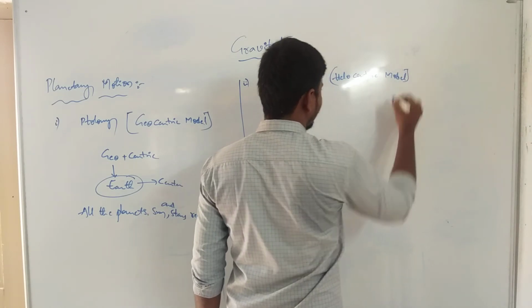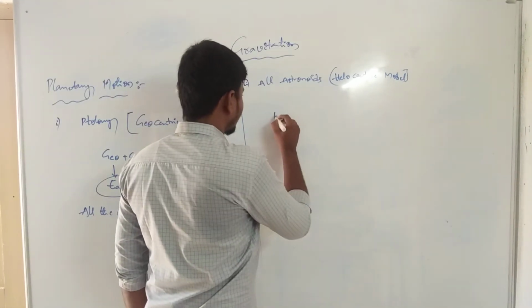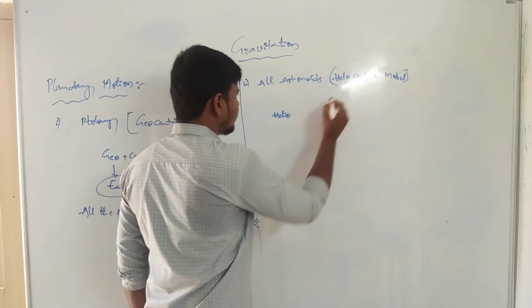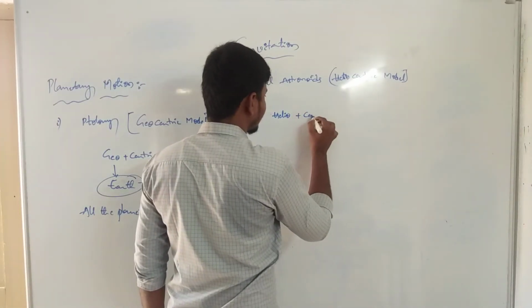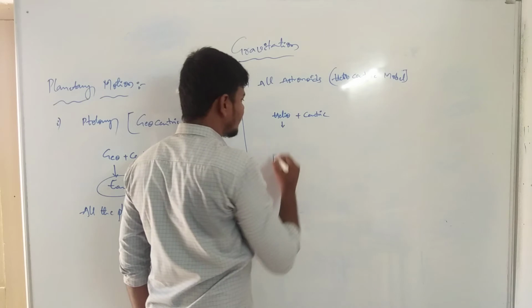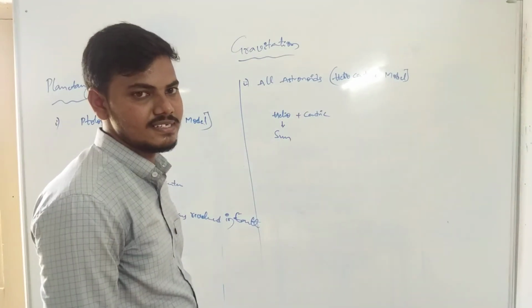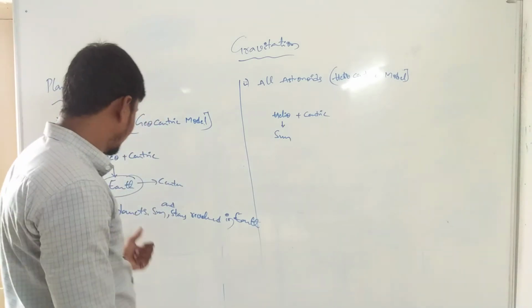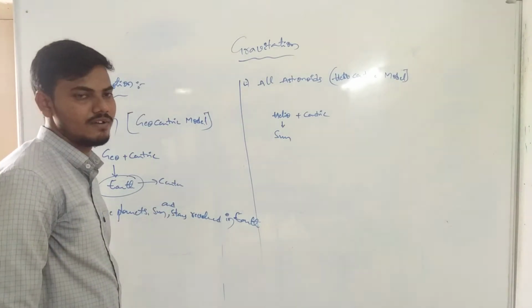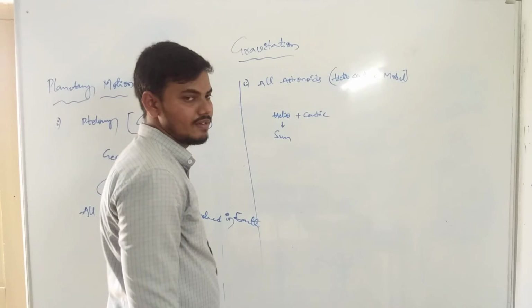Now what is the heliocentric model? We can observe helio plus centric. Helio means the sun. The sun is the center part. All planets and stars revolve around the sun, at the center.